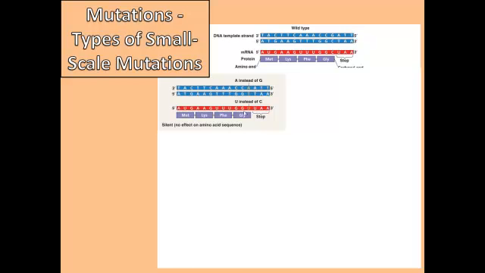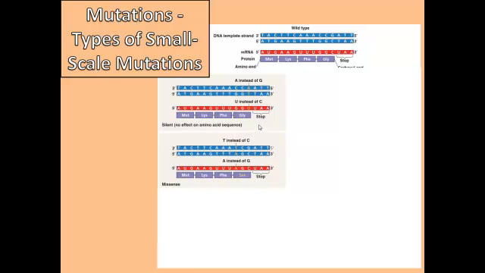When this mutation occurs, we still get a glycine. We call this a silent mutation. There is a change in the DNA, so there is a mutation, but there is no change in the amino acid sequence. So the protein remains the same and is not changed.